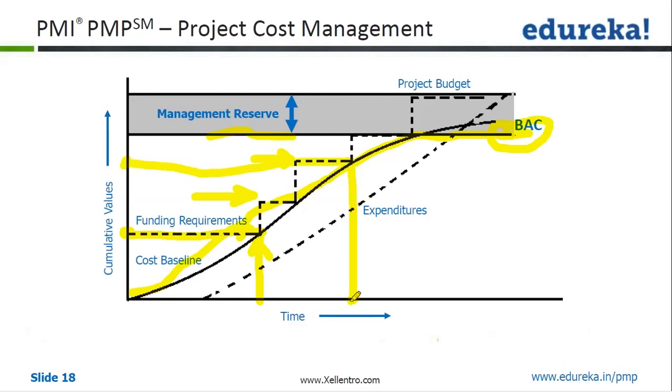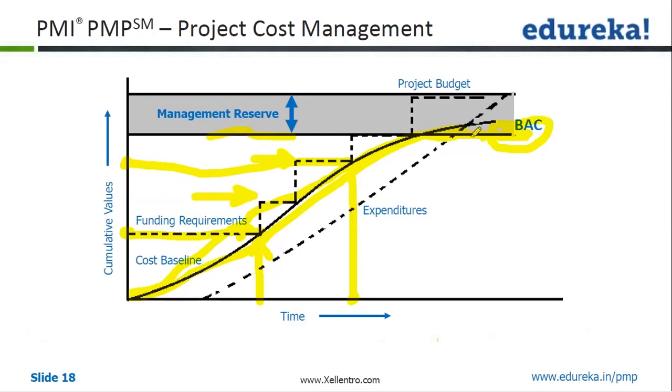Now, essentially, this is the budget, your BAC. This is the final value, which we call your budgeted actual cost. This budgeted actual cost is the highest value; from a project perspective, it is the budget that is there for your project, considering your cost baseline.